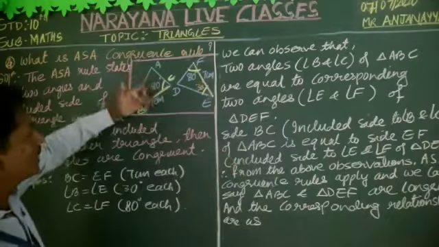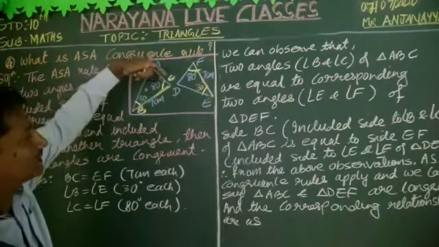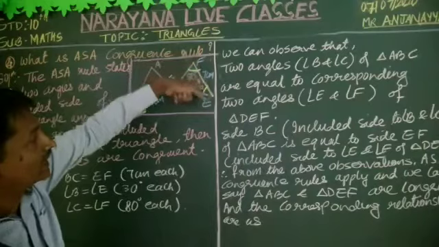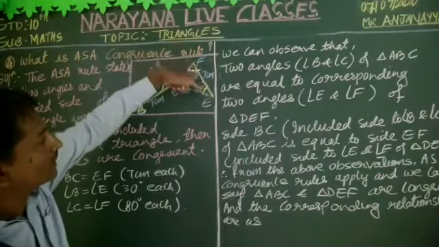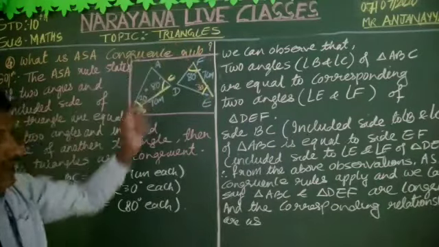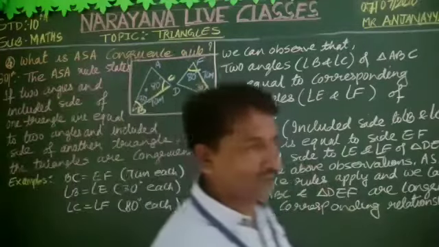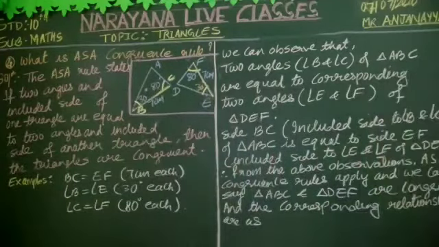BC is the included side of angle B and angle C, and EF is the included side of angles E and F, and they are equal in measure.